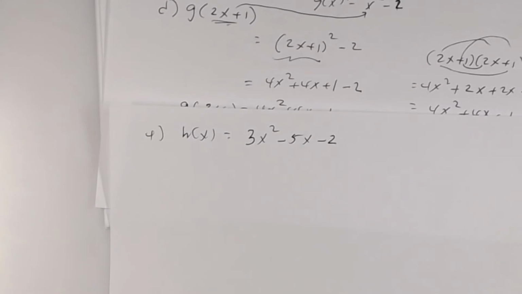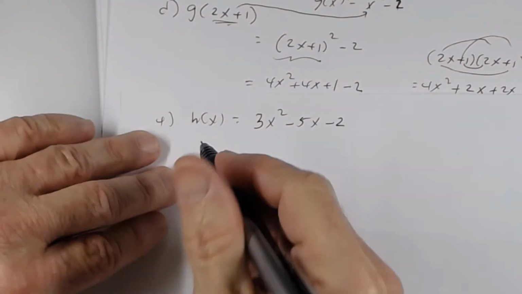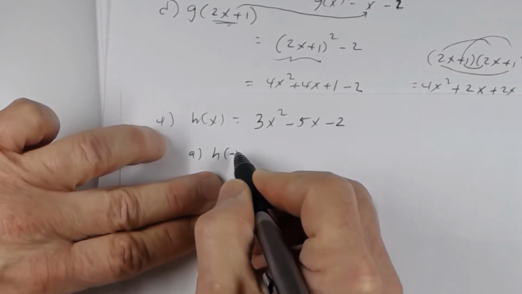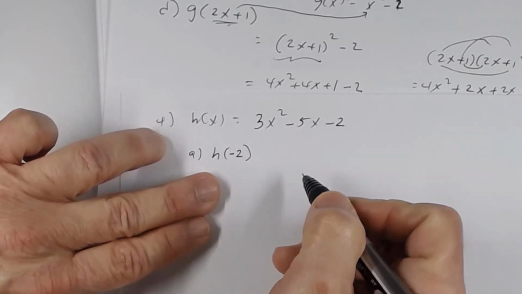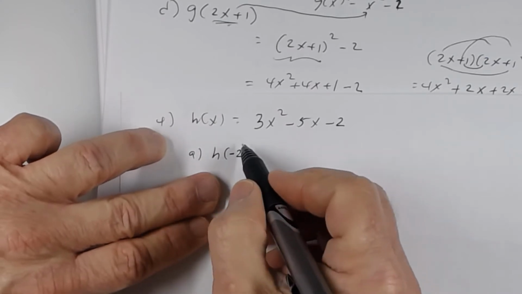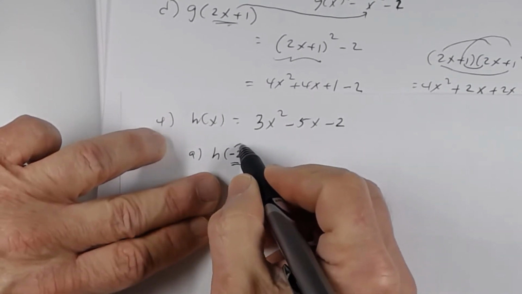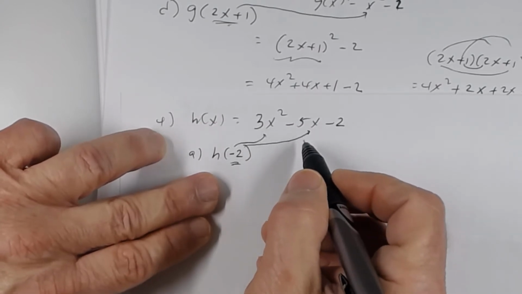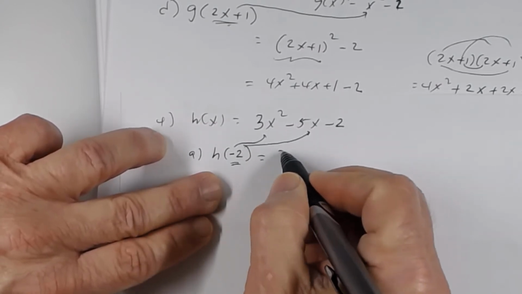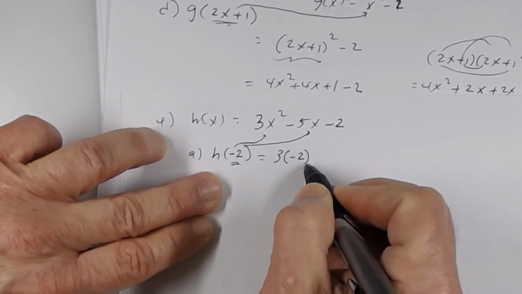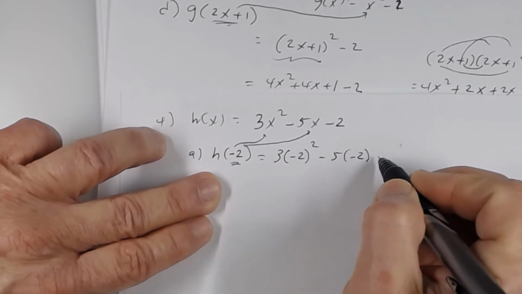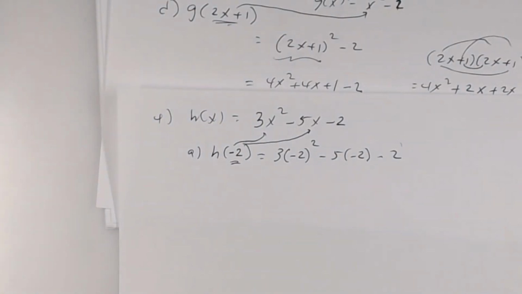So from last semester, let's suppose you want to find h of negative 2. What would you do? Where we see the variable x, you'd substitute negative 2. And I see x listed twice on this side. So I get 3 times, in parentheses, negative 2 squared minus 5 times negative 2 minus 2. That's the first thing you should do, substitute what you have.